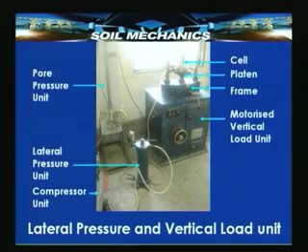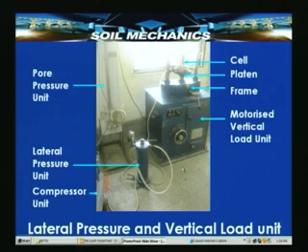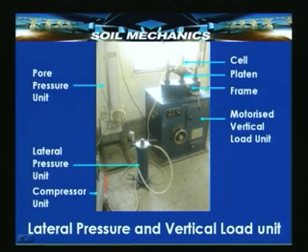Okay. Let us see the components of a triaxial apparatus by flitting through a few photographs again. What we see here are the major components of a triaxial apparatus. I have highlighted here the lateral pressure and the vertical load units. Here is where we have the lateral pressure unit and here is where we have the vertical loading unit.